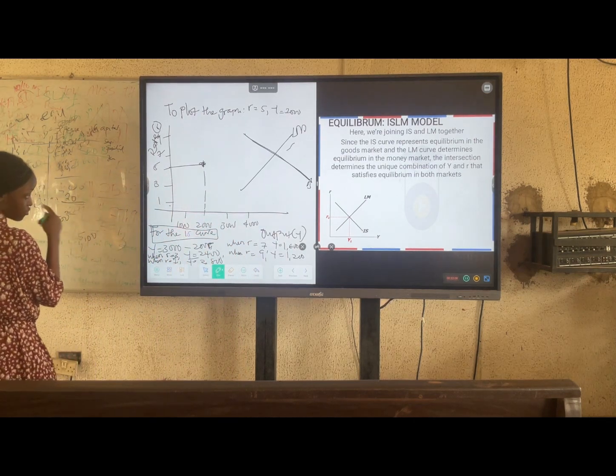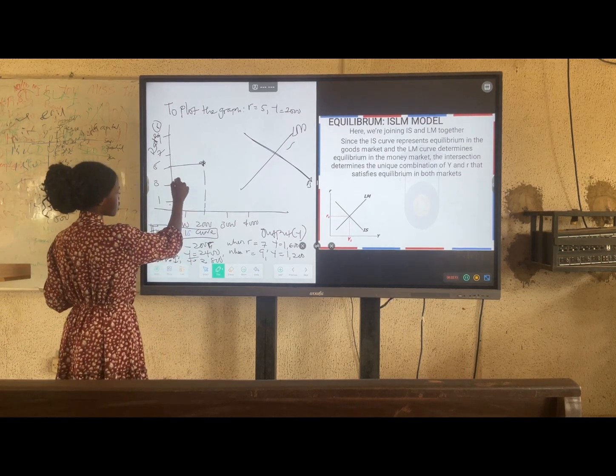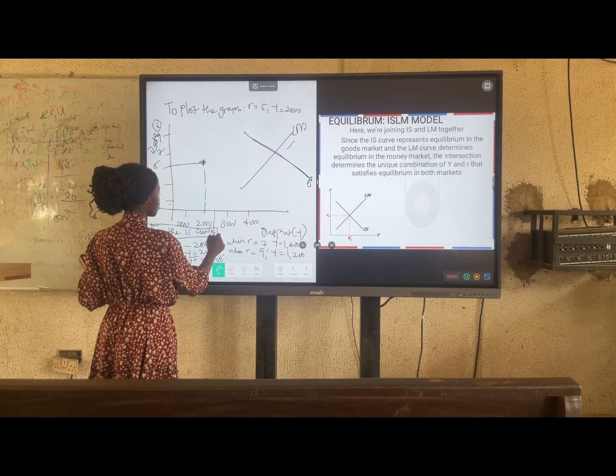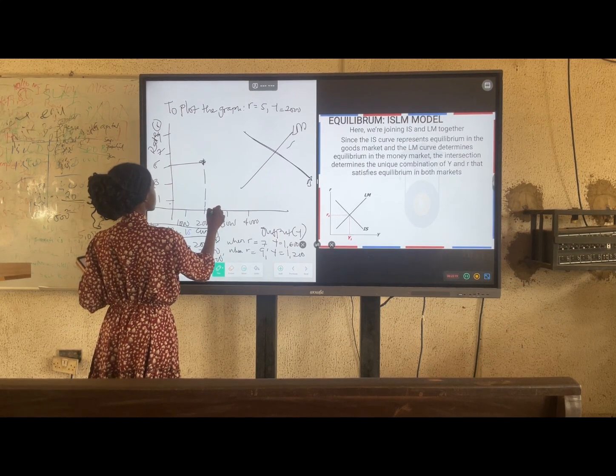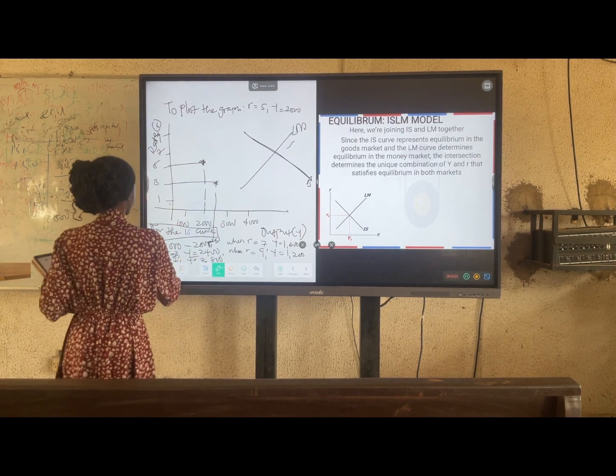That's for the IS curve. When R is 3, we have our Y to be 2400.